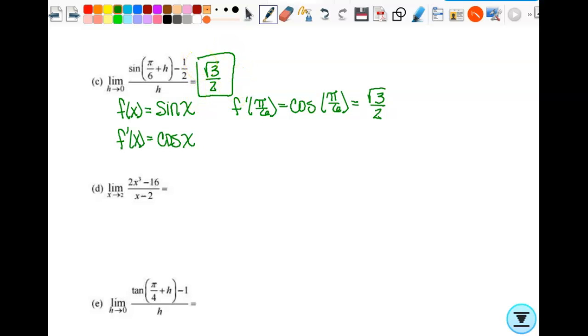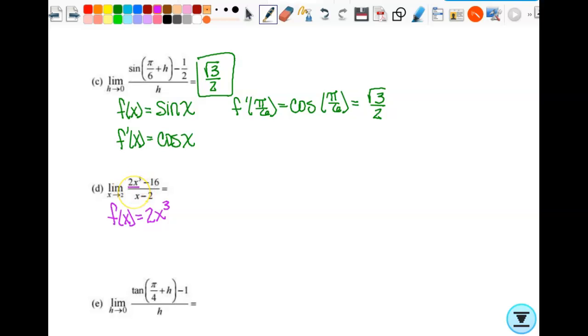What questions you got? Okay. So on D, I have the limit as x approaches 2 of this function right here, which looks a little bit less like a limit, like a derivative function than these do, but it still is. What do you think f of x is here? 2x cubed. F of x is 2x cubed.